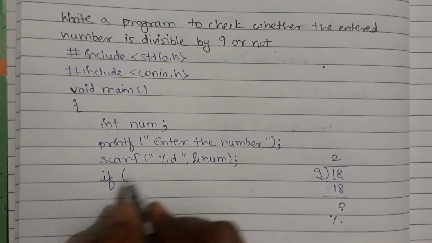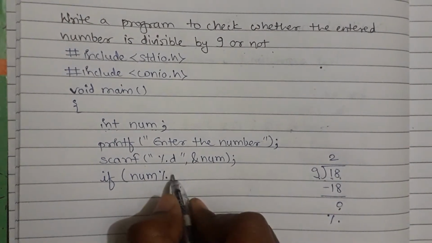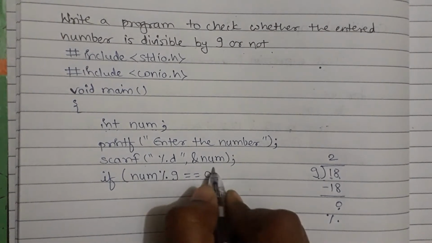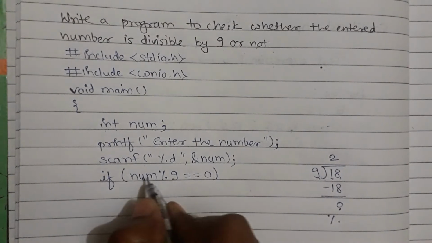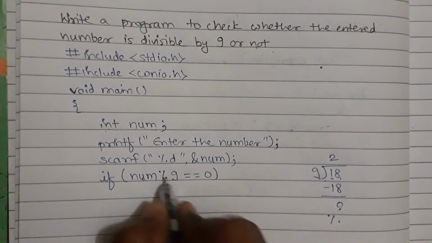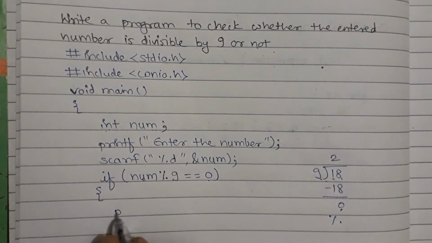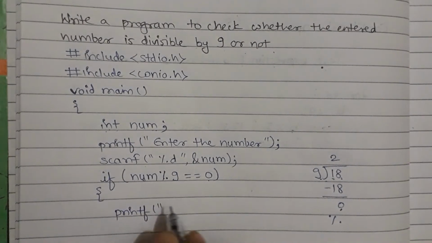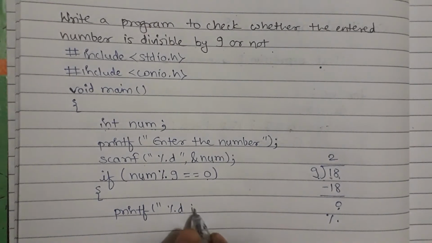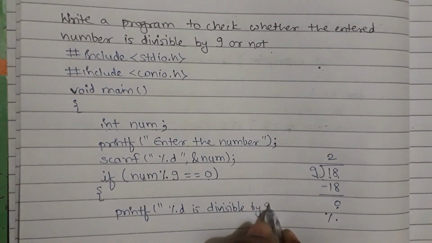So therefore we write if num modulo 9 is equal to 0. It means whatever the number is, the number is divided by 9, and then its remainder should be equal to 0. If it is so, then we can print, by using the printf function, that %d is divisible by 9.